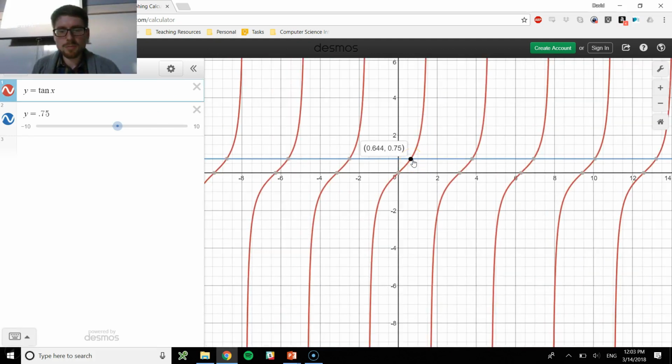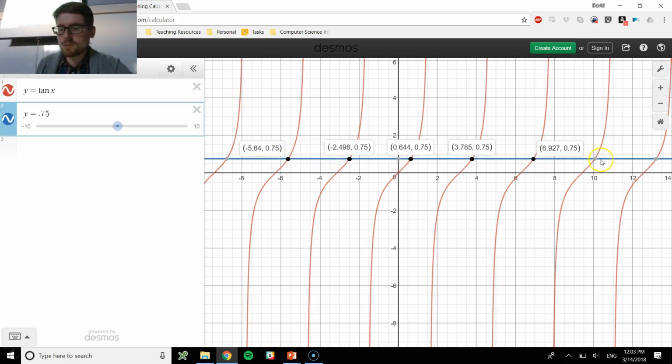There's our first answer, 0.644 that we calculated. And then that's the next answer in quadrant 3, 3.785. And all these other answers are separated by some multiple of pi from 0.644. Okay? So you can think of this one, 0.644, as the root of all the answers. Everything else is a multiple of pi away.